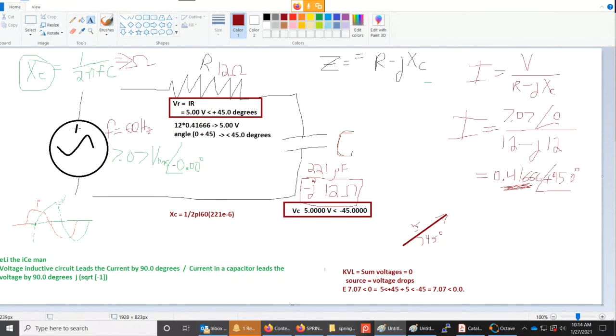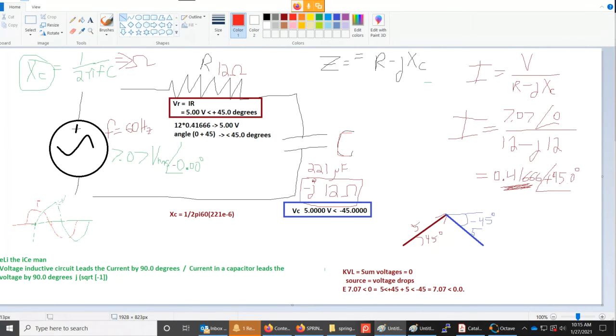And so we can see that here. I can't draw it very well in this paint software, but I'm going to change the color for my capacitor here. And so this angle here is minus 45 degrees, and the magnitude of this is 5.